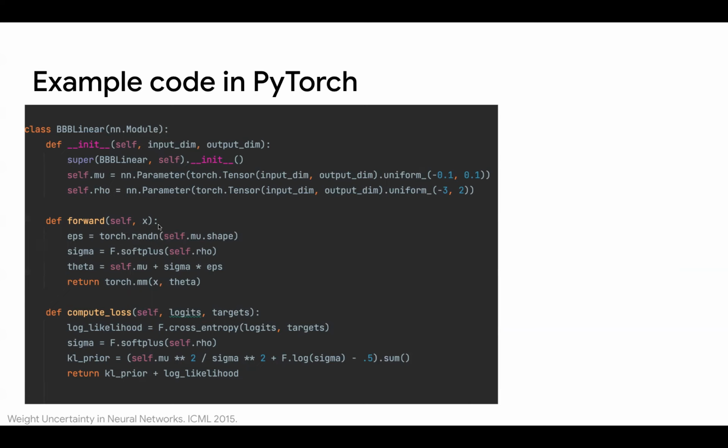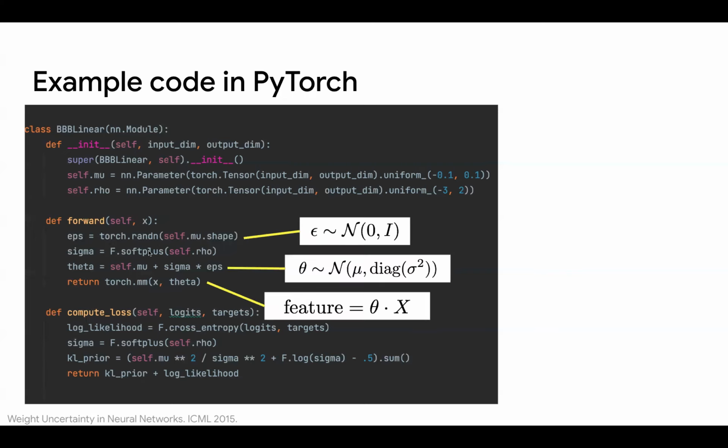And now during the forward pass, you get an input to this linear layer. And the first thing you do is to sample from this standard normal, right? And then you compute sigma from rho by applying softplus, okay? And then you multiply epsilon with sigma and then add mu.